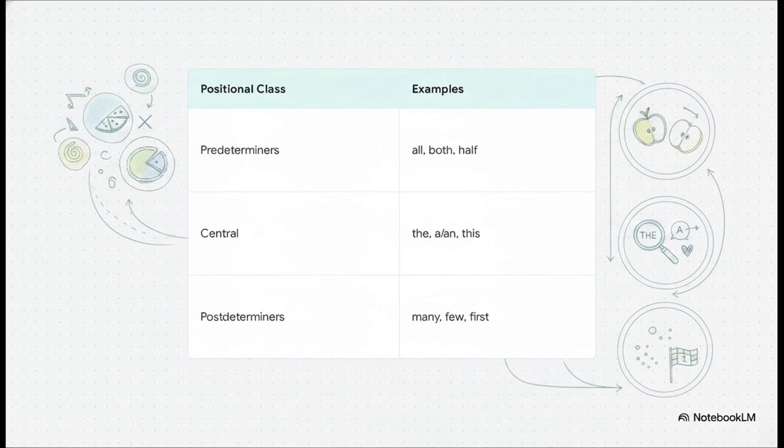Predeterminers are at the front of the line, handling fractions and multipliers, words like all, both, or half. Next up are central determiners. These are your standard articles, demonstratives, and possessives like the, this, or my. Finally, bringing up the rear, we have postdeterminers, giving us quantities and numbers, like many, few, or first. You literally have to stack them in this exact order, no exceptions.